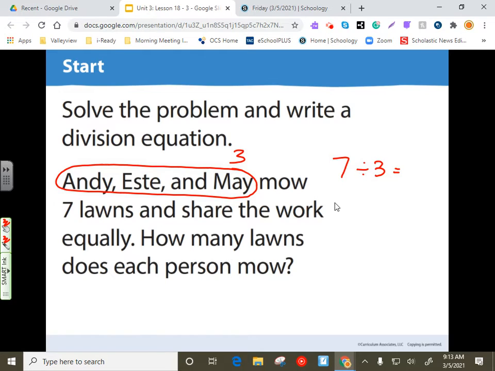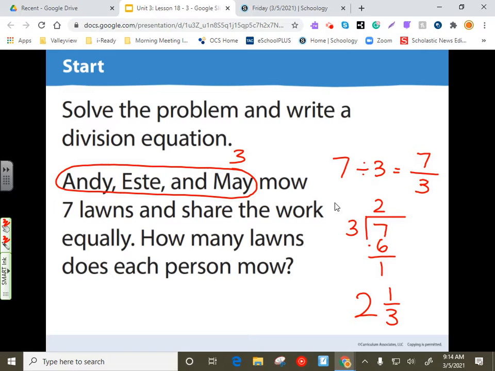And that's 7 divided by 3, which is 7/3. And instead of saying they did 7/3 of a lawn, which is accurate, we can create a mixed number and divide 7 by 3. And this becomes 2 1/3 lawns.